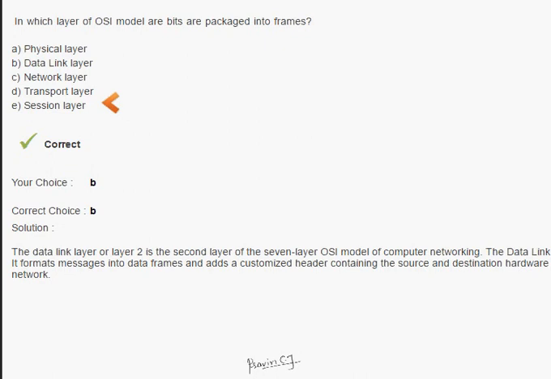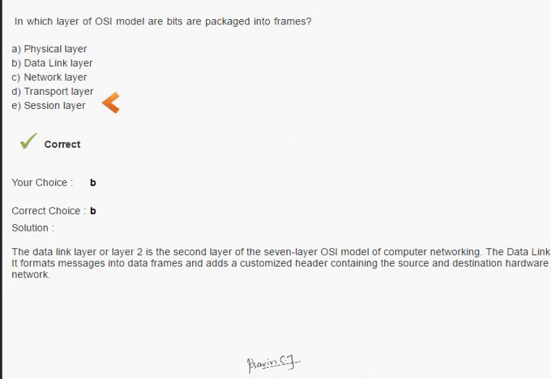It is a part of the session layer. In PHP you might have learned all those things. Cache is stored on your local system in order to give you fast access. It is not a part of main memory, but it works in a similar way, and it is the fastest memory.